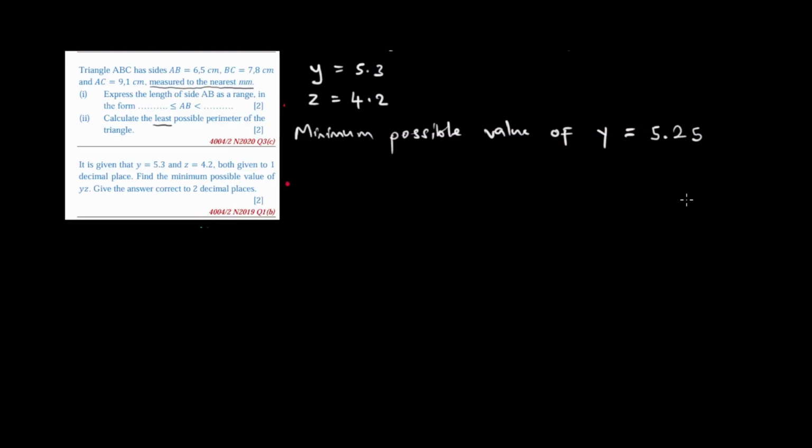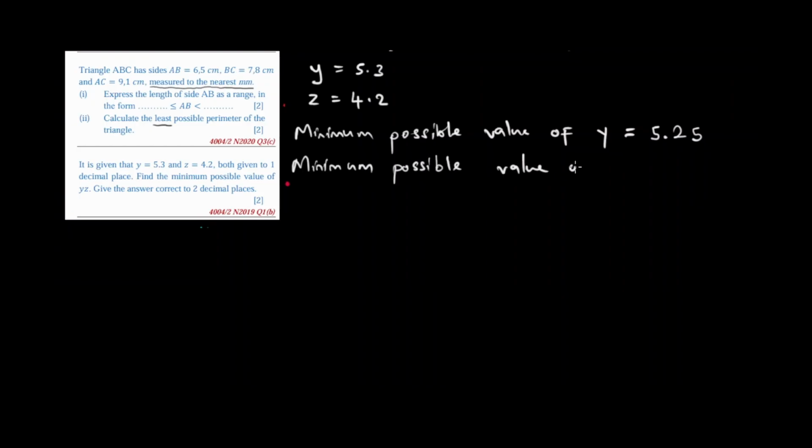Because tikati 5.24 tikaiexpressa to 1 decimal place inge yakutipa 5.2. But 5.25 to 1 decimal place is 5.3. That is the lowest number possible. I hope you're understanding.